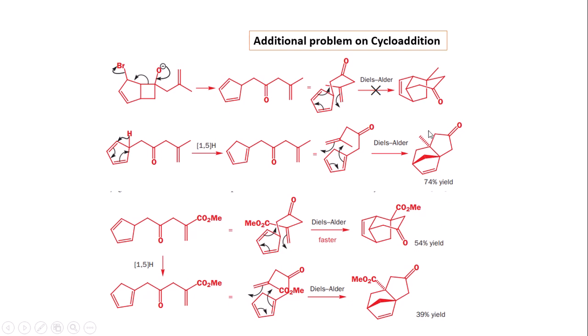But here only one product is obtained, and the other product is not obtained. That is, before the 1,5 hydrogen shift this product is not obtained, but after the 1,5 hydrogen shift, which is so fast, it can undergo the cycloaddition reaction, and we get that product.